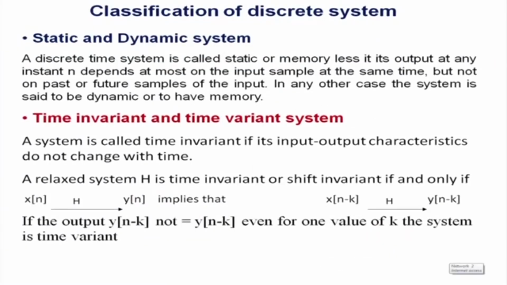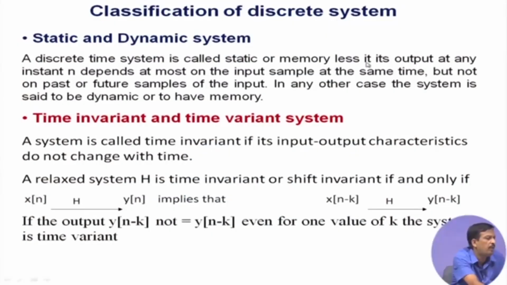Now, a system consists of certain properties. I will come to implementation later on also. A system has certain properties. It may be static or it may be a dynamic system. A discrete system is called static or memoryless if its output at any instant n depends at most on the input sample at the same time, but not past or future samples of the input.